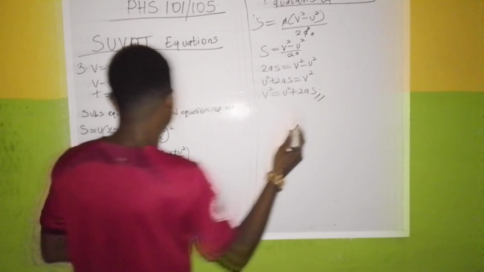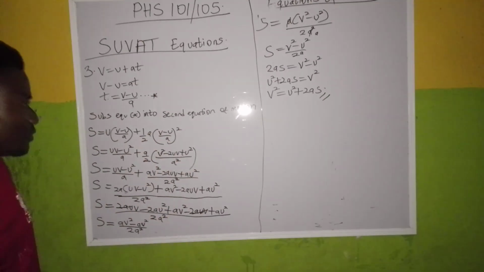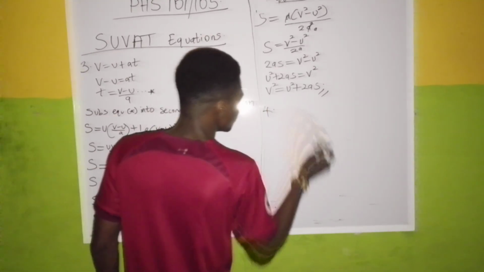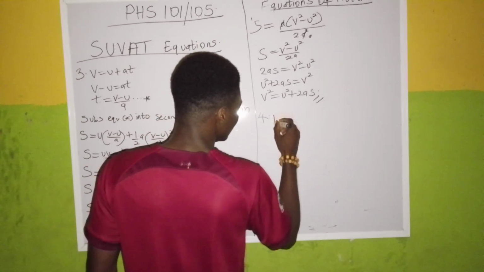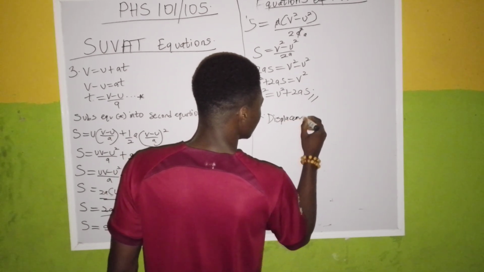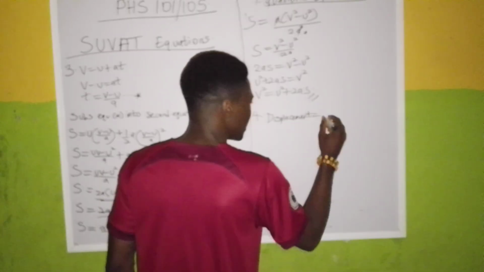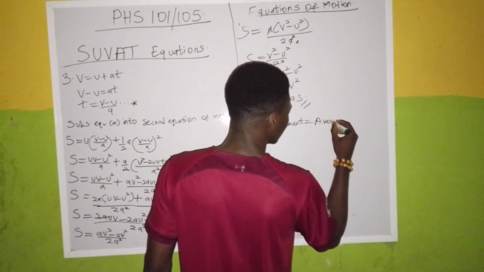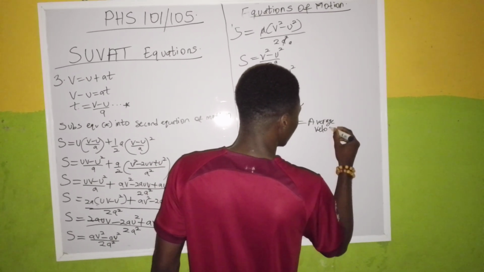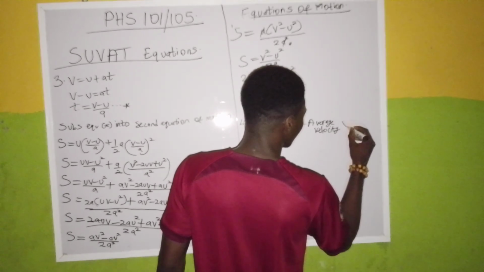So you've seen how we derive the first, the second, and the third. Now we'll move on to the fourth. For the fourth, displacement equals average velocity times time.